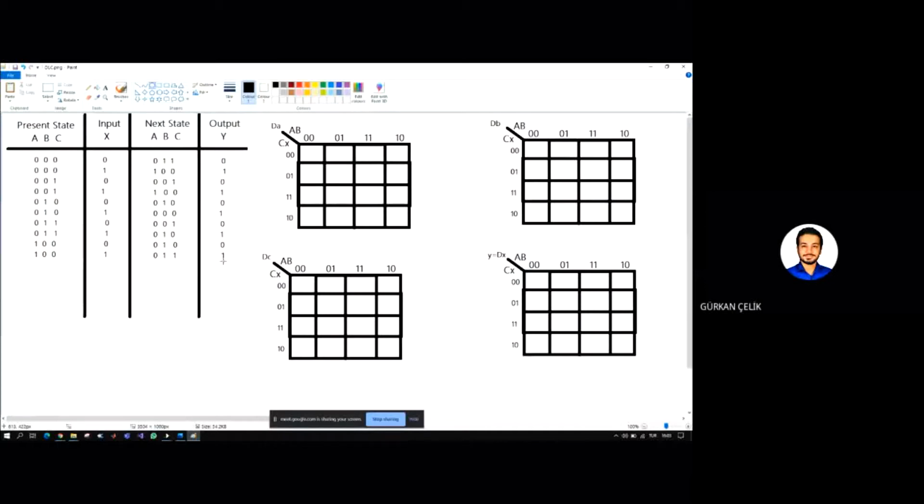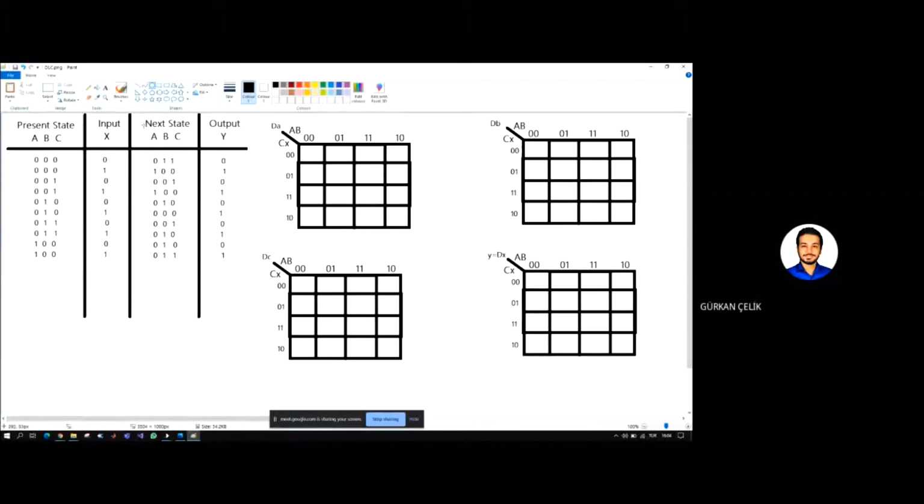Here we use D flip-flops, and I will explain why at the end of the lecture. Here I add DA, which means D flip-flop for A. D flip-flop for B is over here, and then C and X, which means the output.